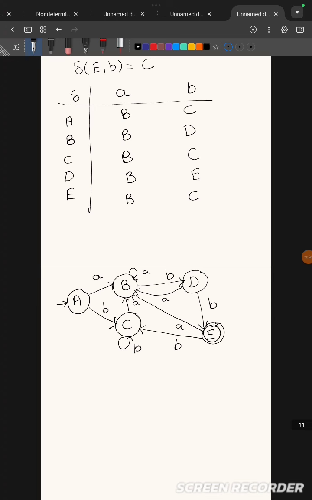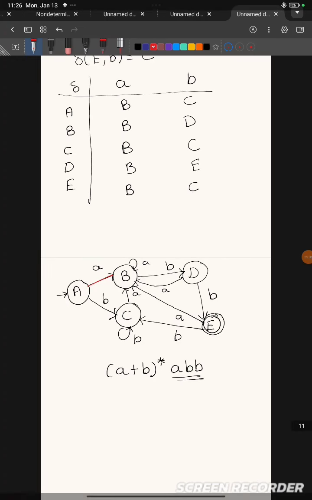So basically, as we saw at the start of the question, it is accepting (a plus b) star, followed by abb at the end of the string. So if the string at least has abb, then your finite automata should accept it. If I start from A, for a it is going to B, for the first b it is going to D, for the second b it is going to the final state.